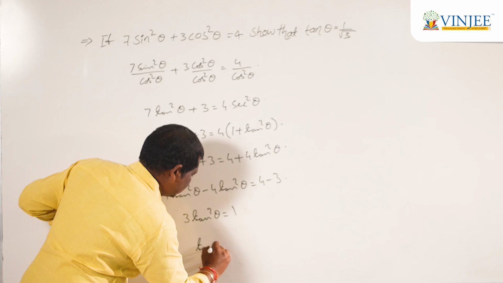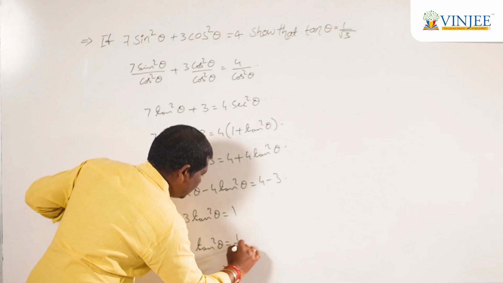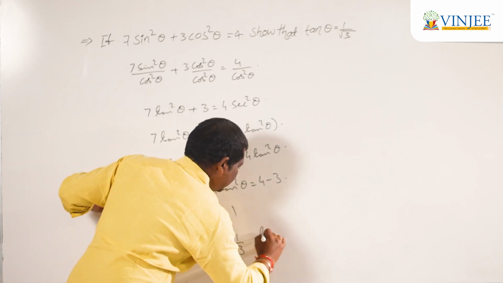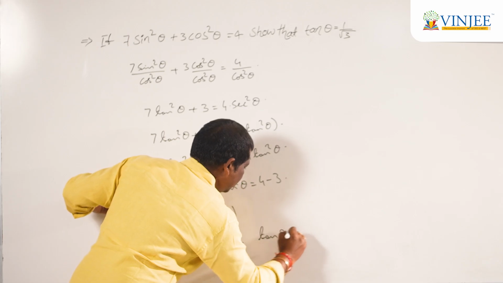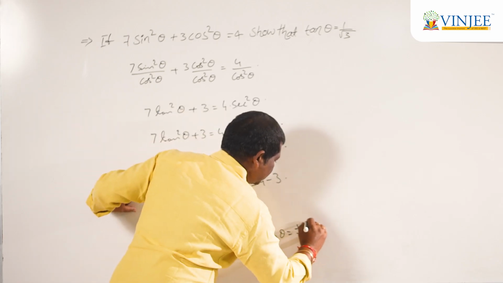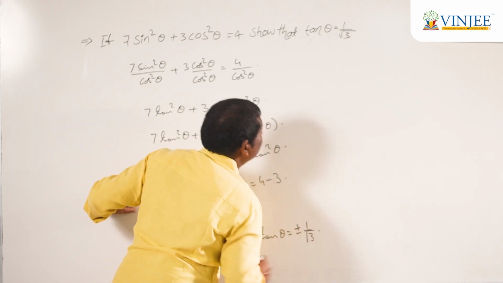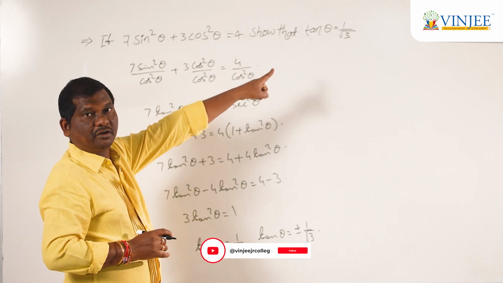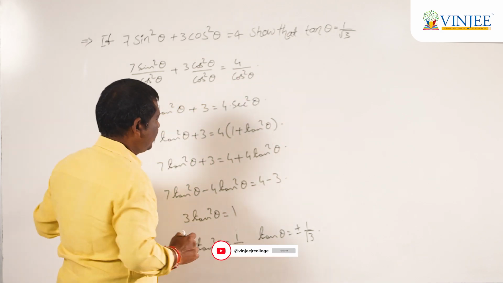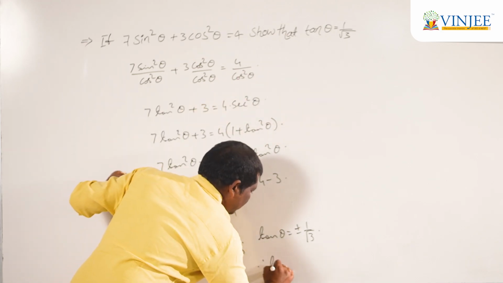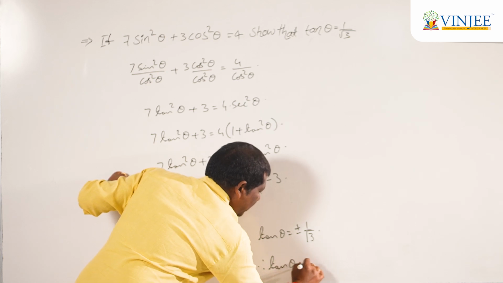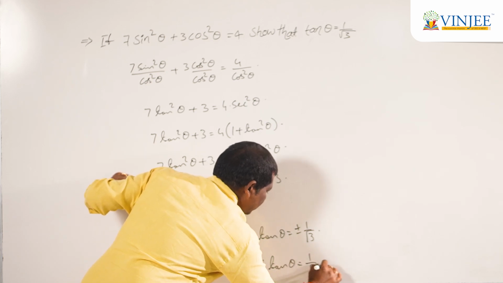Tan square theta equal to 1 by 3. Tan theta should be equal to plus or minus 1 by root 3. But we have to prove that tan theta should be equal to 1 by root 3. Therefore, we can take one of the values of tan theta equal to 1 by root 3.